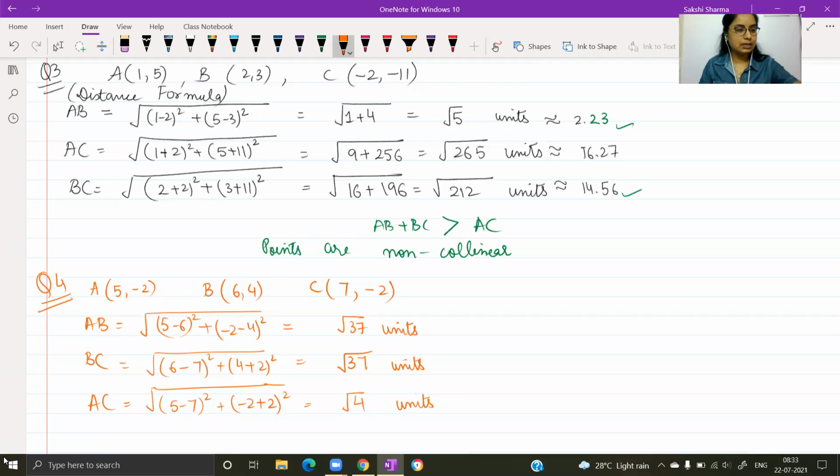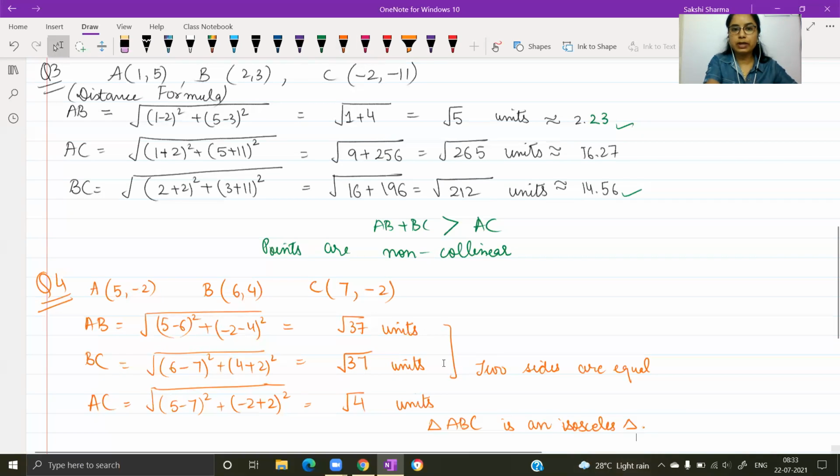So you can look at the sides now, the lengths. Two sides are equal. Triangle ABC is an isosceles triangle.